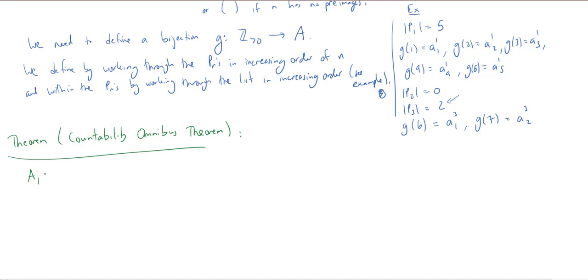So A and B are going to be sets with B countable. And then I'm also going to have an infinite collection of sets. In fact, I would say countable sets, A1, A2, A3, etc.